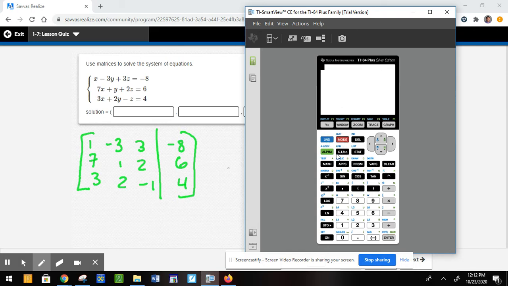Once you have all that in there, you quit out, you hit second matrix, go over the math column, go down to RREF. And again, you could do this by hand and manipulate all those rows. But it's way faster to let the calculator do it for you.